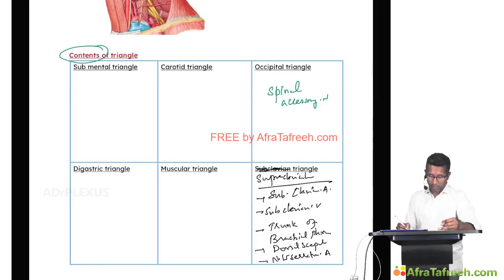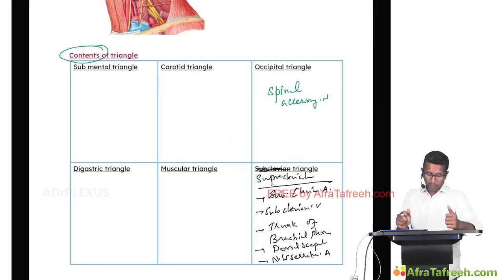So subclavian artery, subclavian vein, and trunks of brachial plexus are the important contents of the supraclavicular triangle.